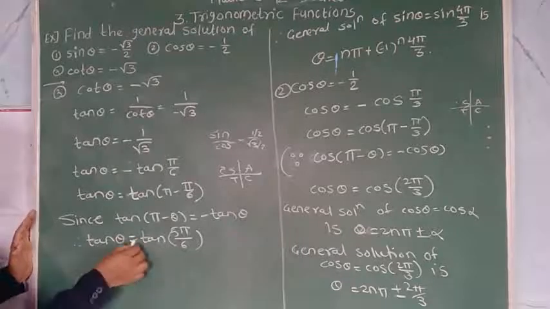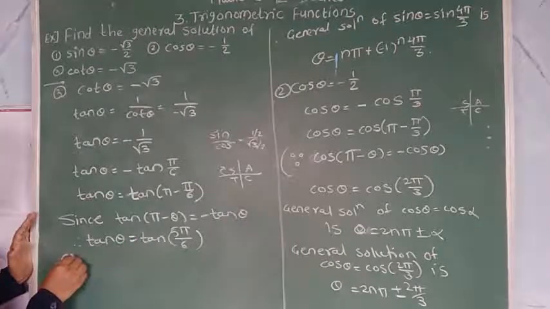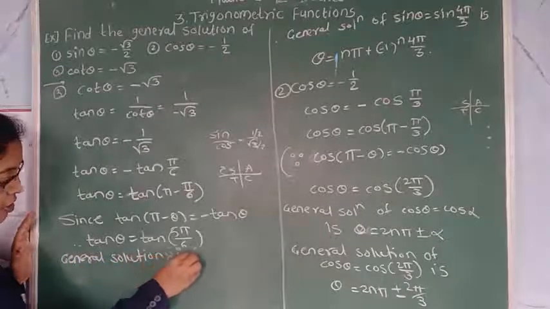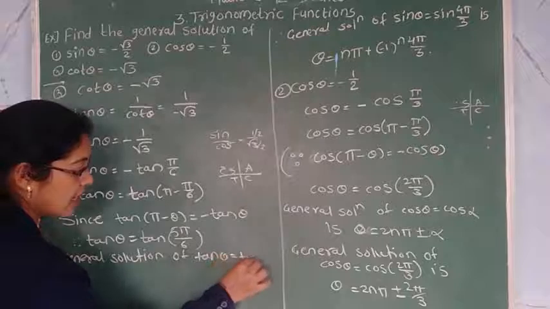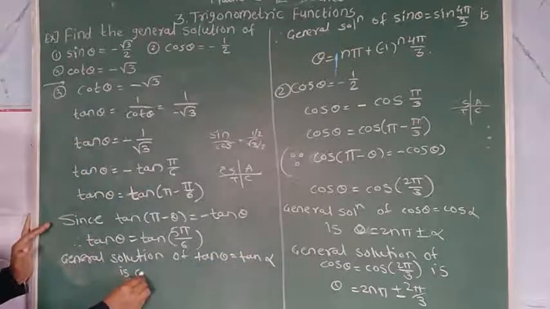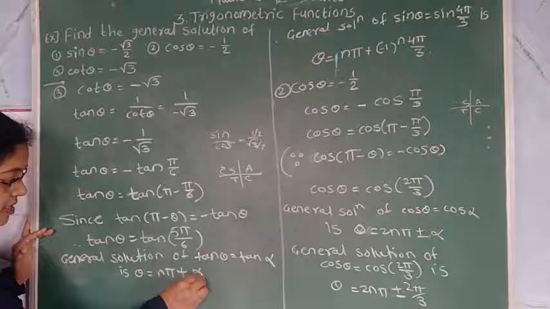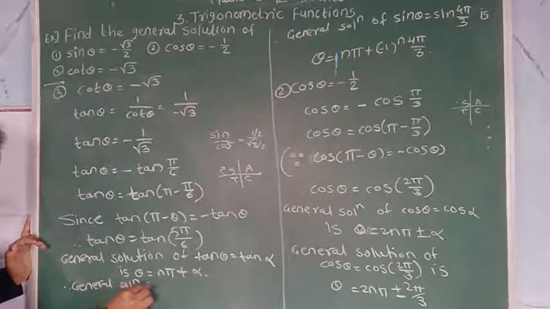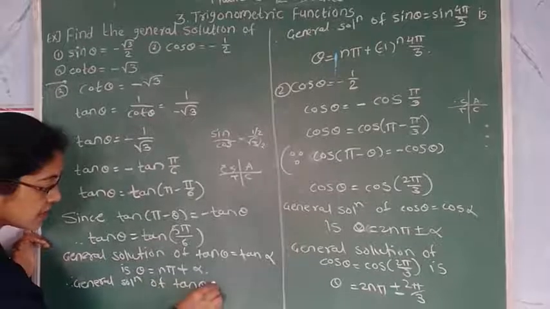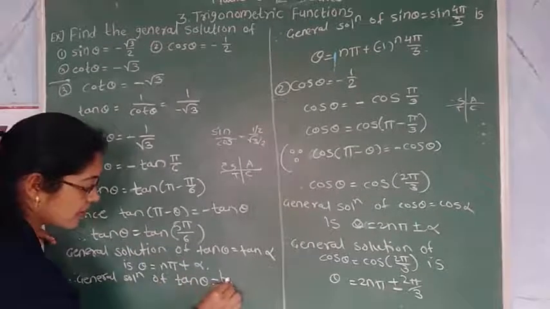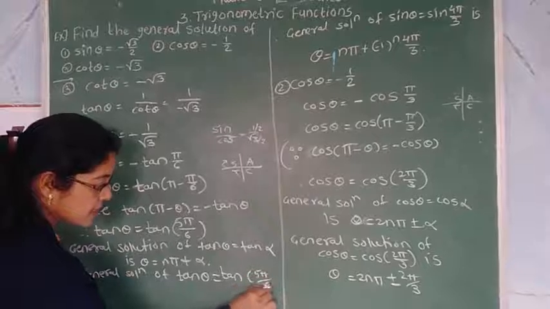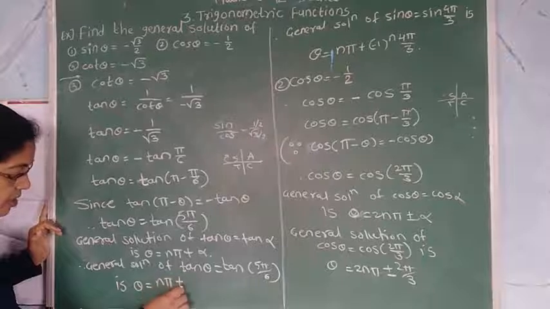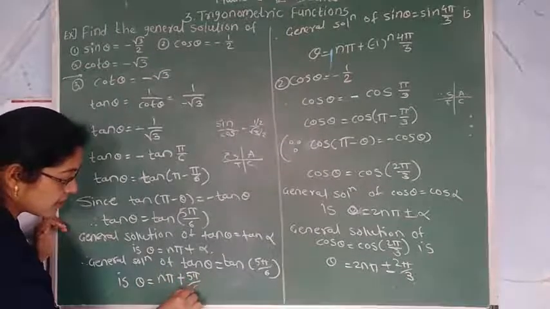So this is in the form tan theta is equal to tan alpha, and the general solution of this form is theta is equal to n pi plus alpha. Therefore the general solution of tan theta is equal to tan of 5 pi by 6 is theta is equal to n pi plus alpha, where alpha is 5 pi by 6.